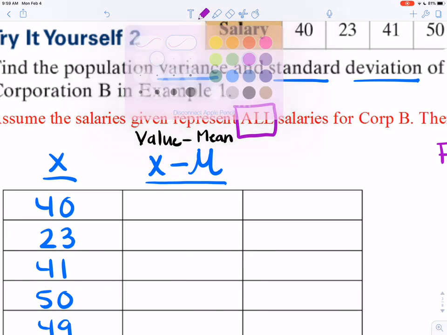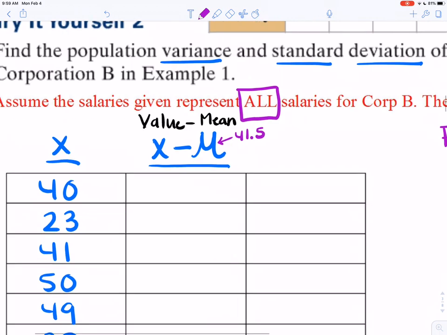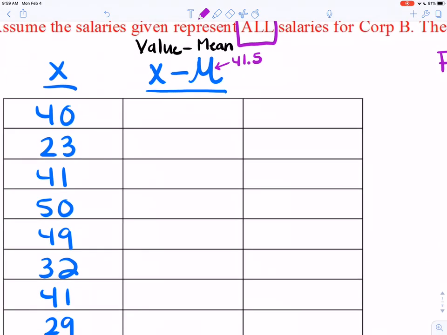So all we're really doing here is we're taking each data value x and we are subtracting the mean data value, which we just calculated at 41.5. Okay, so for example, I would take 40, I would subtract that mean of 41.5, and my difference, it's called a deviation, is negative 1.5.